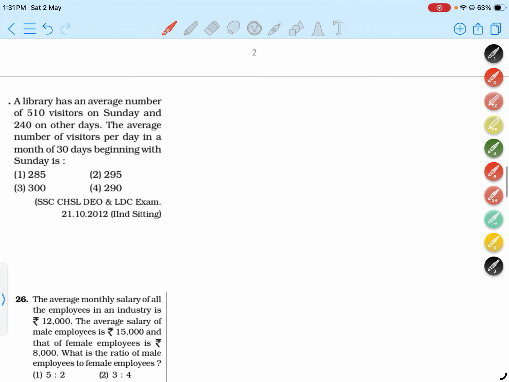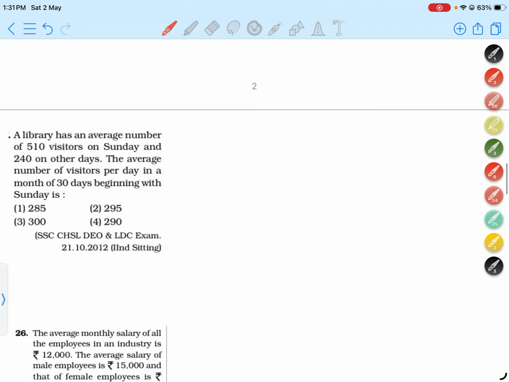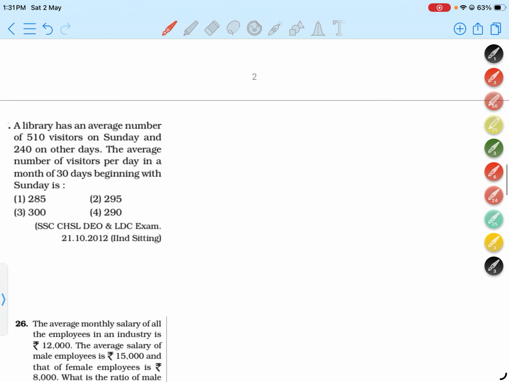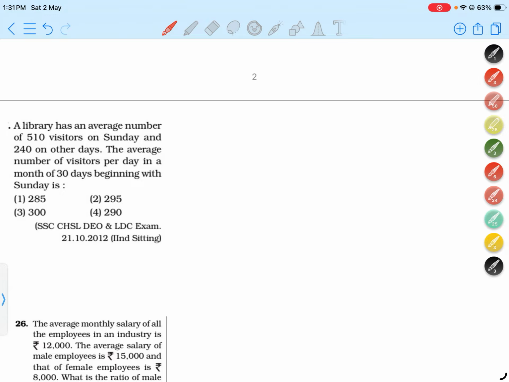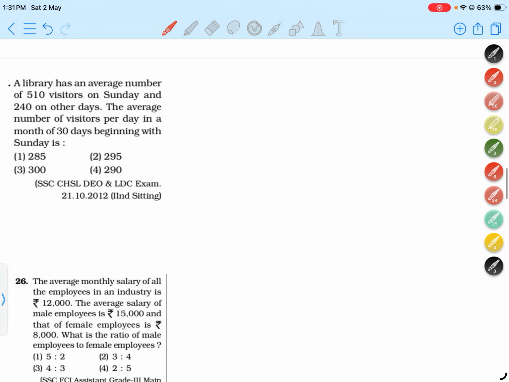Now let us take a look at this question which was asked in CHSL 2012. Here it is given that a library has an average of 510 visitors on Sunday and 240 on other days. The average number of visitors per day in a month of 30 days beginning with Sunday is 285, 295, 300 and 290.